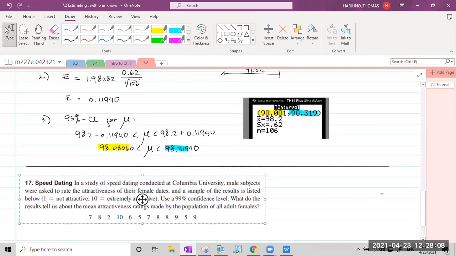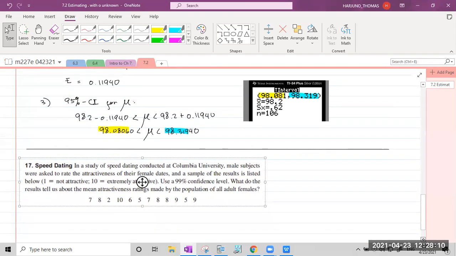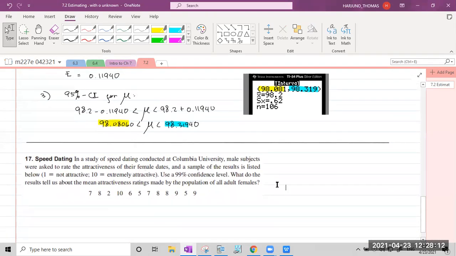In a study of speed dating conducted at Columbia University, male subjects were asked to rate the attractiveness of their female dates, and a sample of the results is listed below, where 1 is not attractive and 10 is extremely attractive. Now use a 99% confidence level. So the confidence level is 99%, but that's all we have.